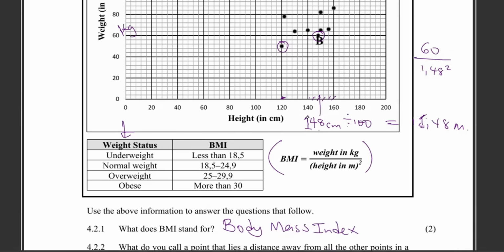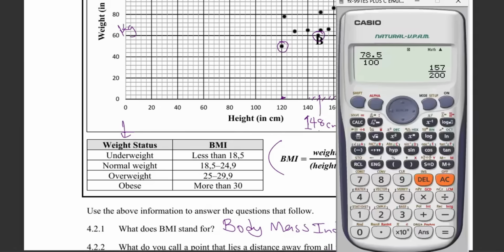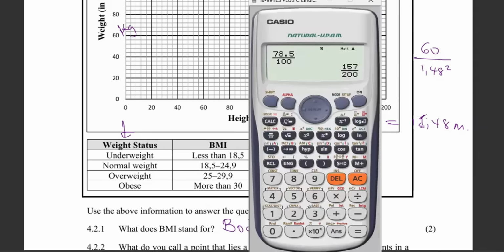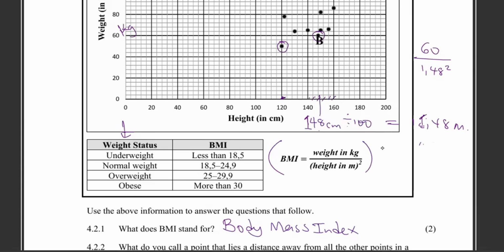So when you come to your calculator here, 60 divided by 1,4 squared. Give the answer there. 27,39. So it's 27,39 kg per meter square.